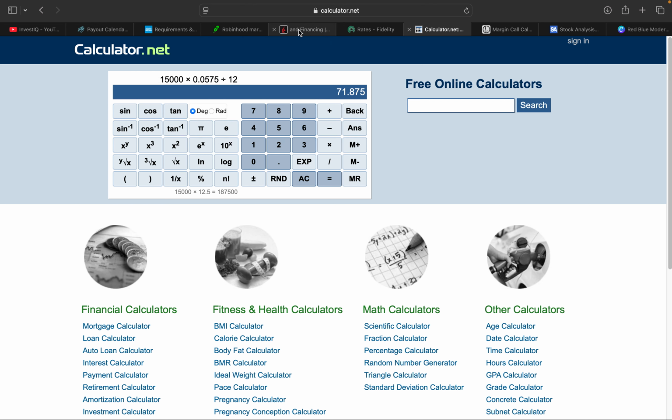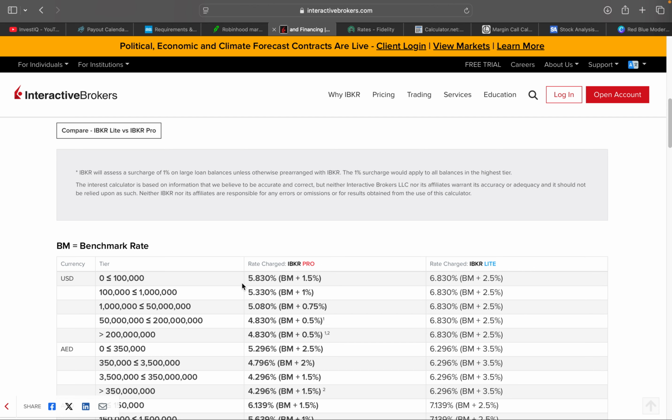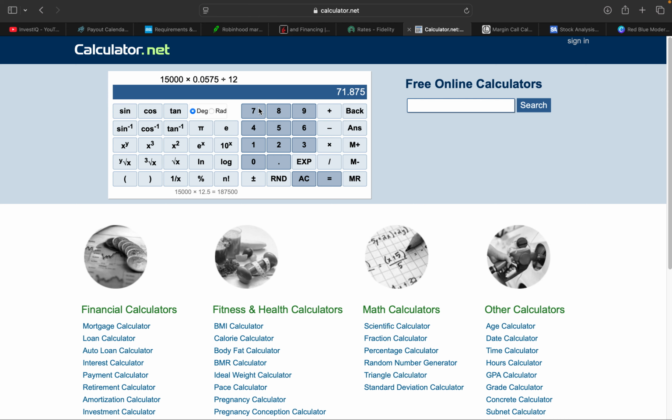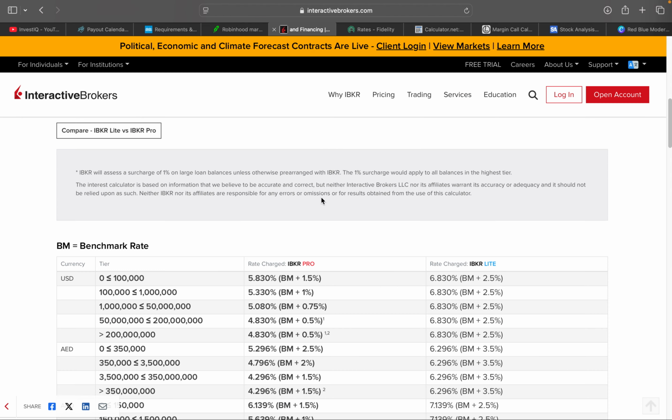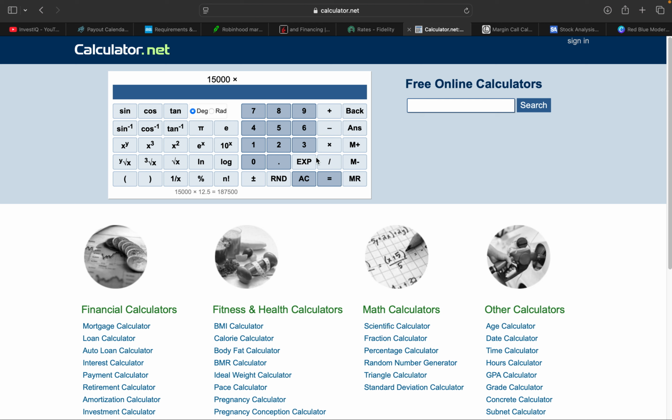And now let's try Interactive Brokers. Their rate for the same amount, less than $100,000 for IBKR Pro, is 5.83%. So let's do that now: 15,000 times 0.0583.